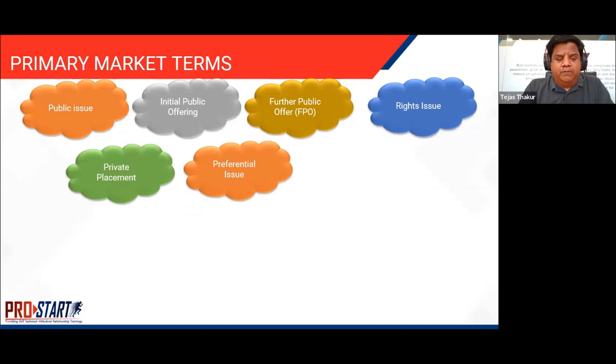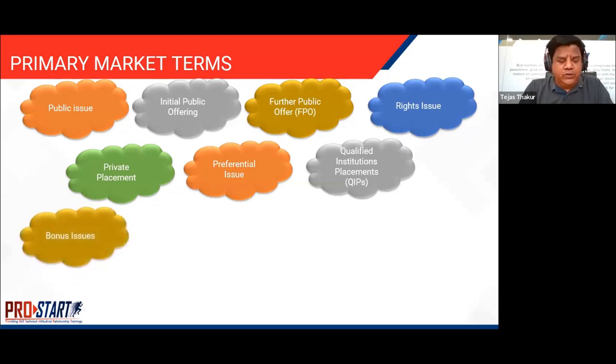The issuer is required to comply with various provisions defined by SEBI relating to pricing, disclosures, etc. When we look at QIPs or qualified institutional placements, it is a private placement of shares made by a listed company to certain identified categories of investors known as qualified institutional buyers or QIBs. QIBs include financial institutions, mutual funds, and banks, among others.